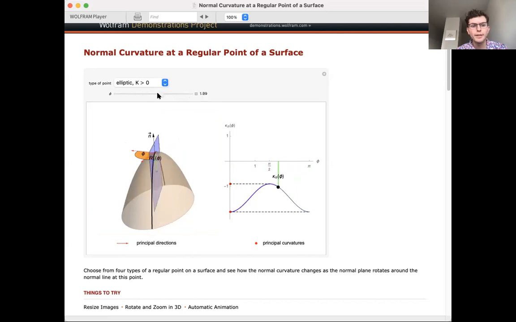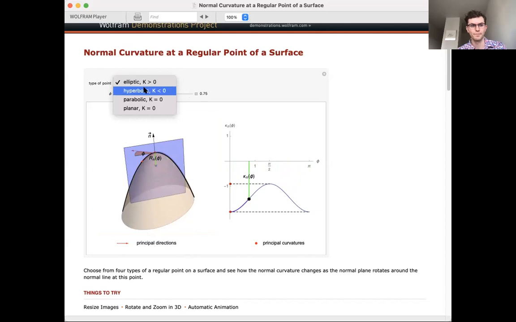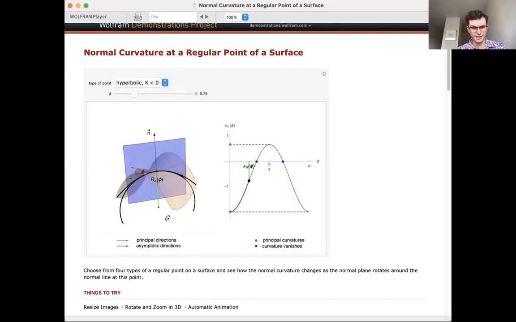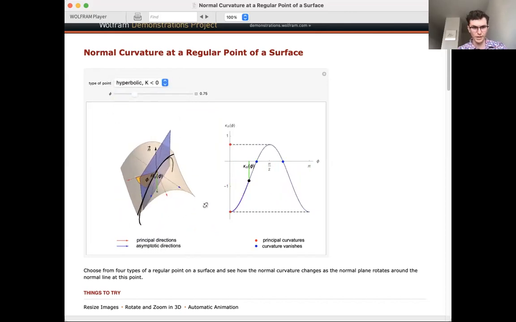But essentially what happens is that of all these curves, there's always one with the biggest curvature and one with the smallest curvature. For example, this is another cute one.